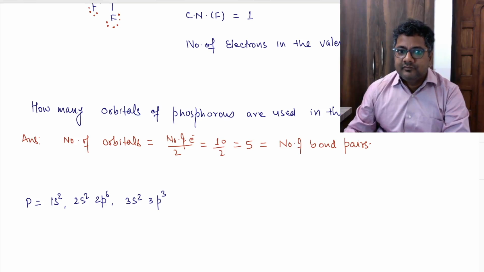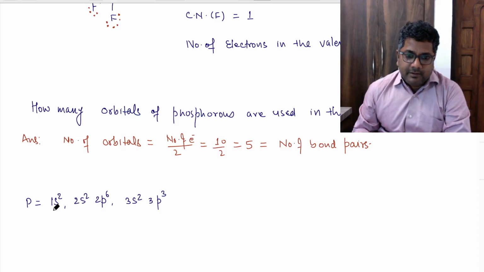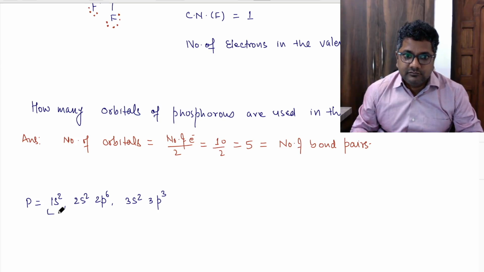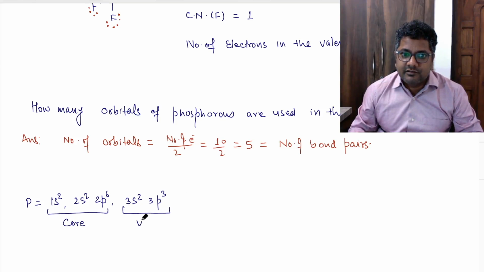Now see, from here to here this is core. And this is valence. And you know the 3d is present but no electrons are there, so this orbital is called virtual.